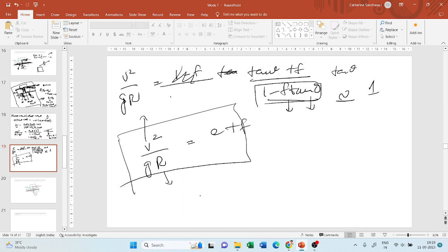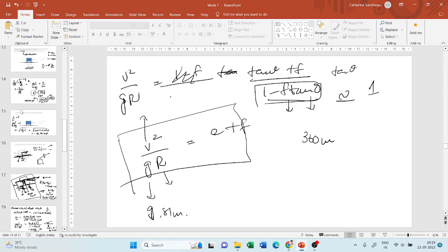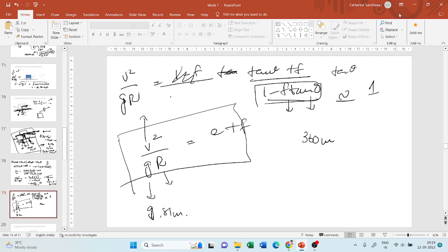You know the value of R, it is given in the question, right? 360 meters. You know the value of G, 9.81. So all questions 2 to 6 that we are solving will have the same parameters. So radius is the same. So F we have to assume as 0.15.